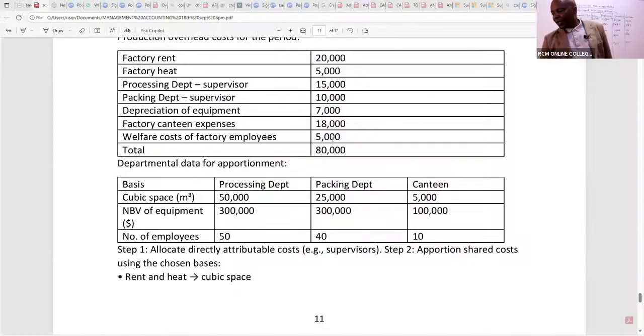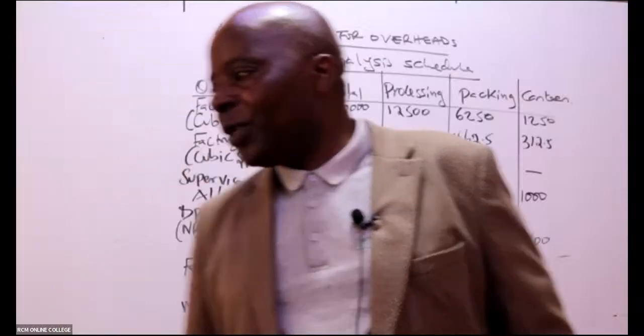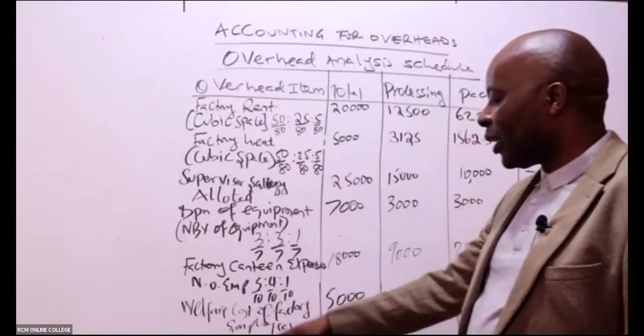All right. So number of employees, remember the figure is 5,000, and we're using the number of employees whose proportions we already have. If you had written these proportions up there, then you don't have to write them down here.